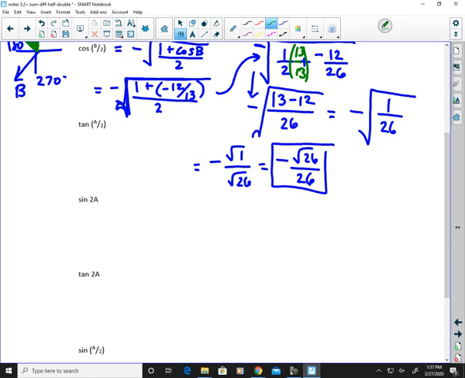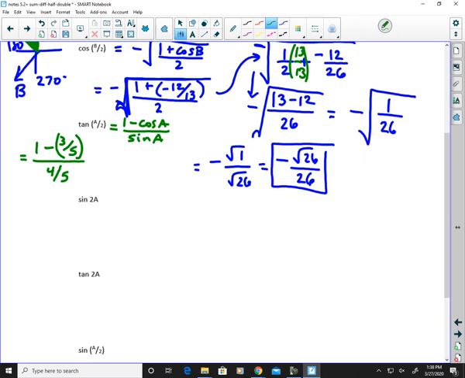I'll write in green. Okay, tangent A, that's right on the formula sheet: 1 minus cosine of A over sine of A. Let's get our ratios. 1 minus 3/5, and 4/5. If you like parentheses around it, that's helpful.